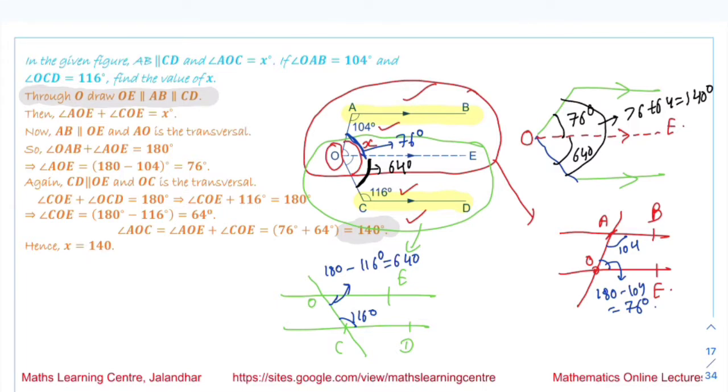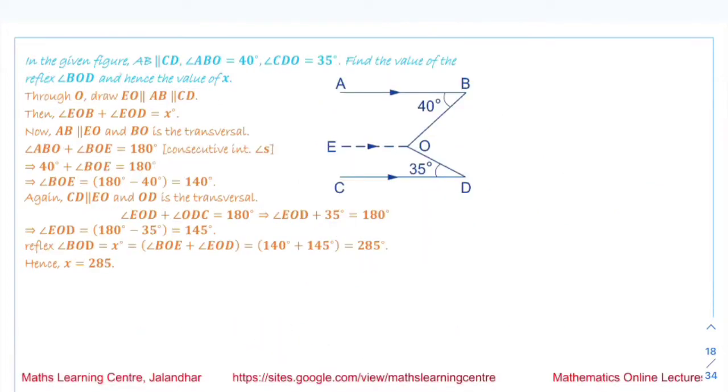Now the next question. AB and CD are parallel lines, and these two angles are given to us. This is 40 degrees and this is 35 degrees, and we have to find the reflex angle BOD. So we have to calculate this angle, and we have a figure like this.